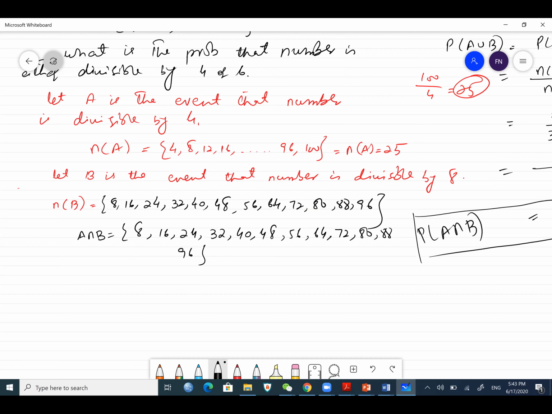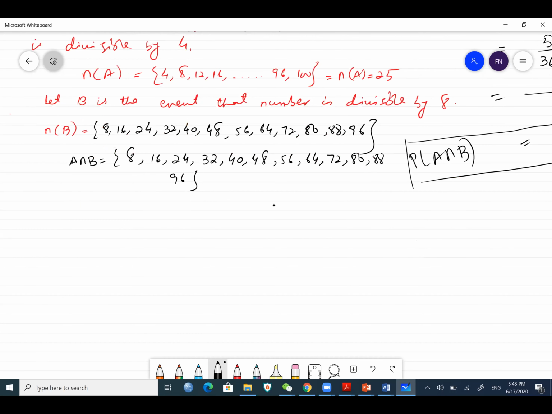So all of these between A and B are common. So the probability of A union B is probability of A plus probability of B minus probability of A intersection B.